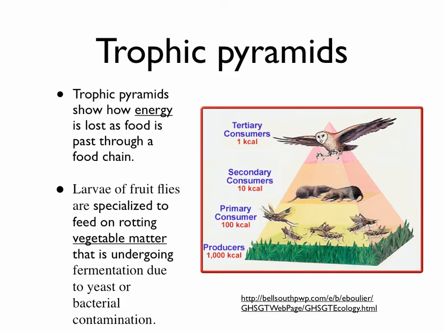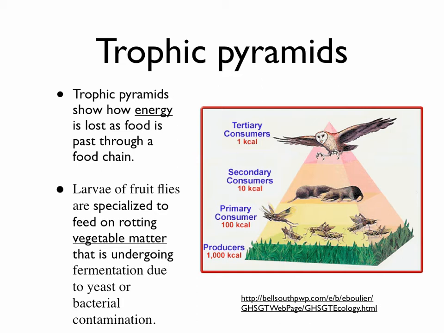So you'll notice that every time that energy is passed or eaten, it's losing 90% of its energy. So this loss of 90% of the energy every time it passes a level is called the 10% rule, because only 10% of the energy is going to be passed and the rest is lost as heat.